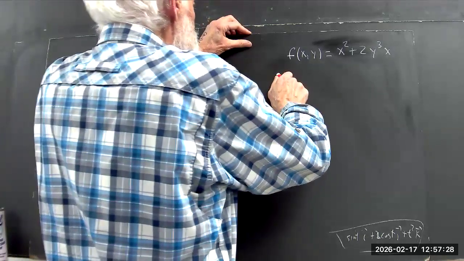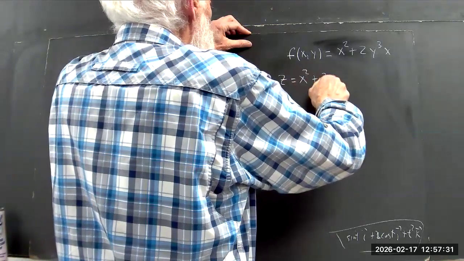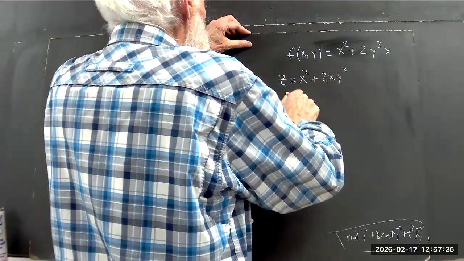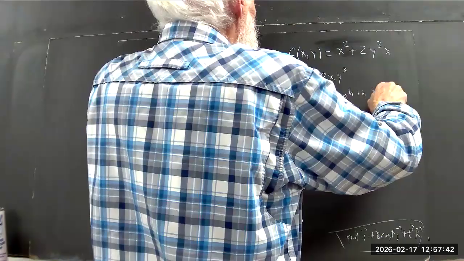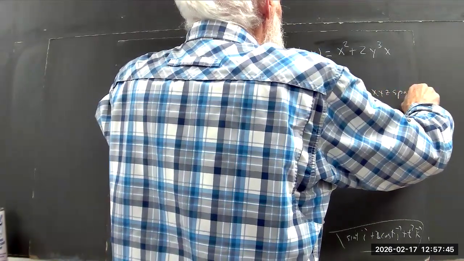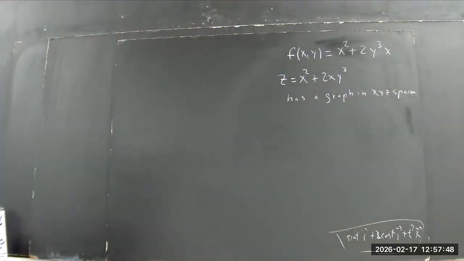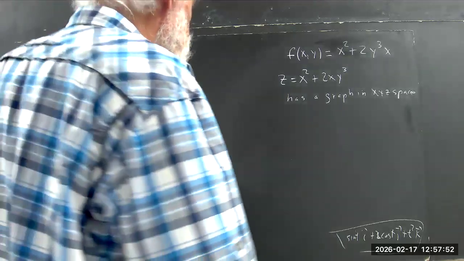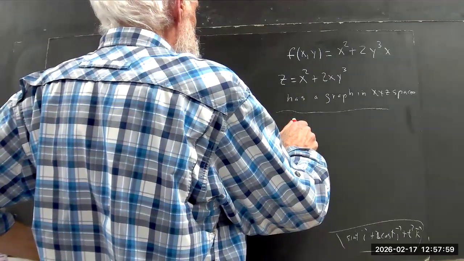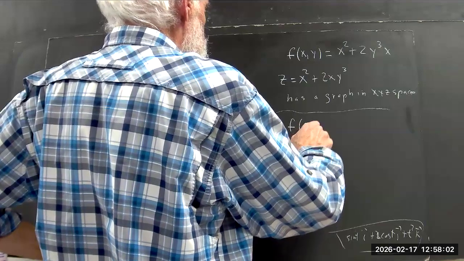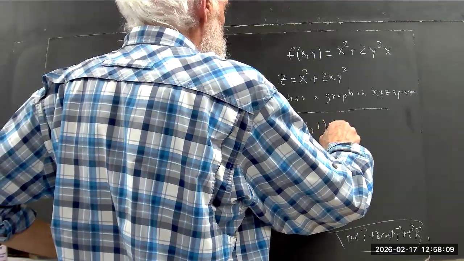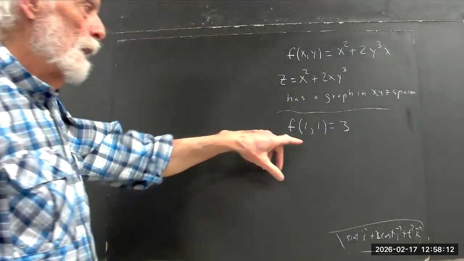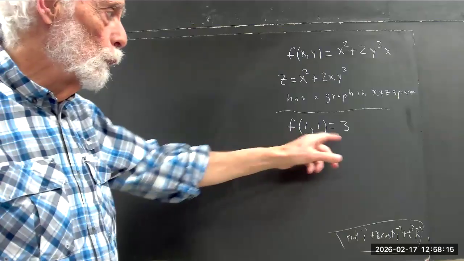It has a graph in xyz space. Let's just think, wherever that graph is, f of 1, 1 equals 3.